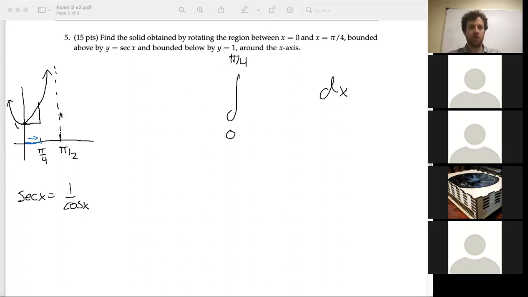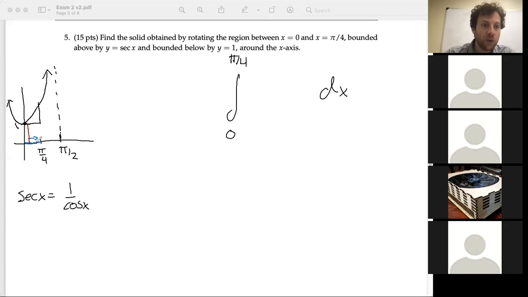And this is where the picture is really important, because what we need to look at is there's this gap between what we're rotating around and the bottom of the solid. So this is a washer method where we'll need to care about the distance from the axis to the edge of the inner radius, the inner edge of the solid.